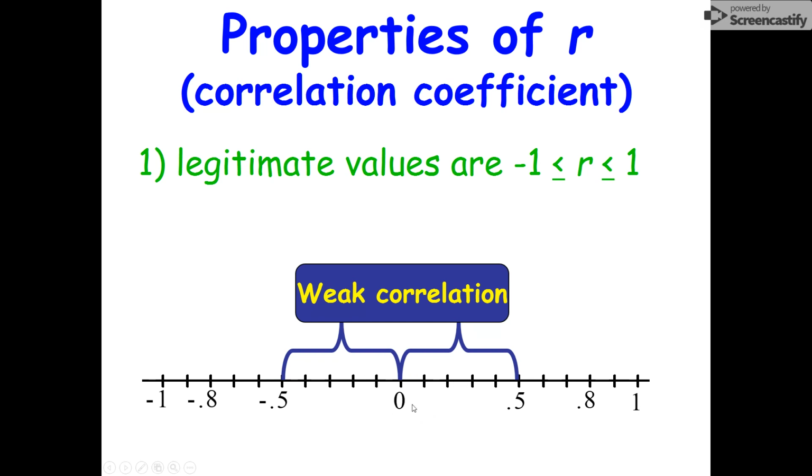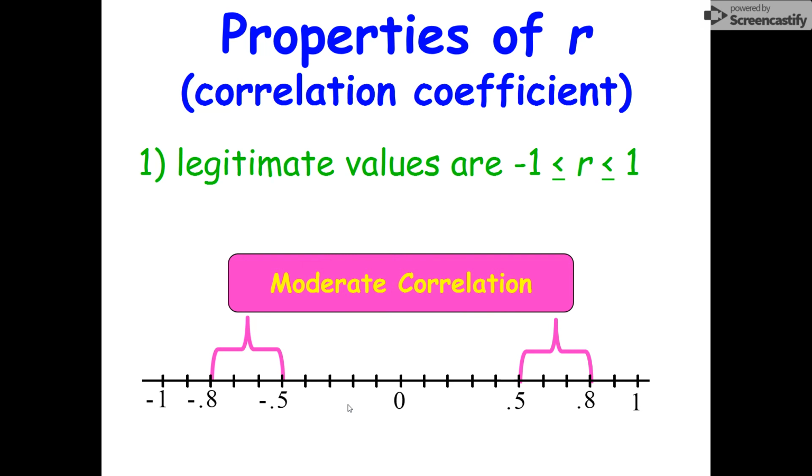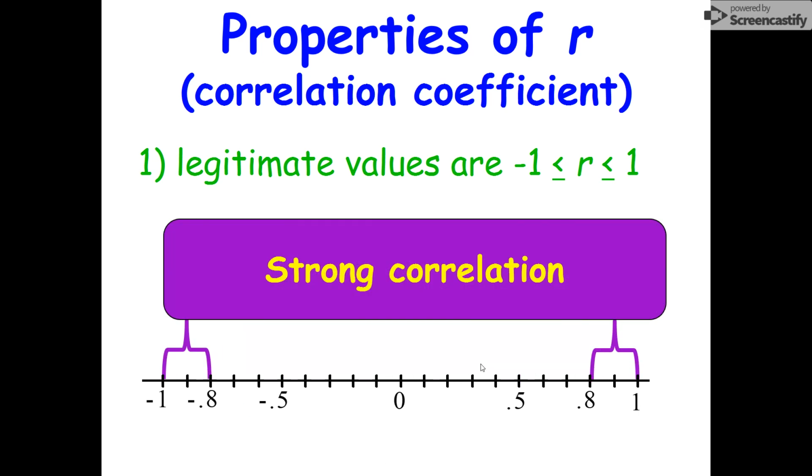Moderate is going to be between 0.5 and 0.8, or -0.8 and -0.5. And then your strong correlation is going to be between -1 and -0.8, or 0.8 and 1. So if it's above 0.8 or below -0.8, it has a strong correlation, whether it's positive or negative.